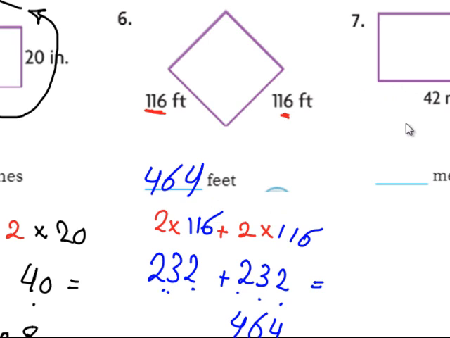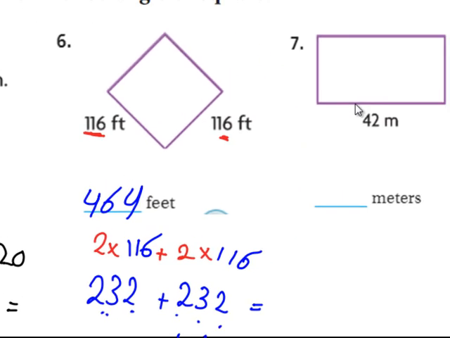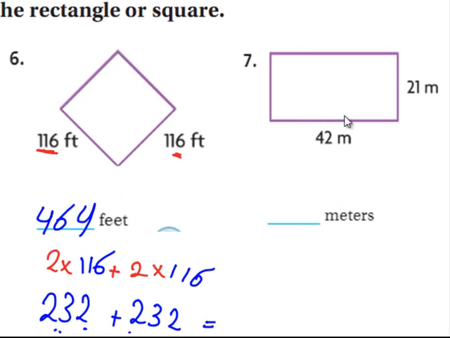Here number 7. Apply your formula. I want the perimeter of this rectangle, which has a length of 42 and a width of 21. So 2 multiply what plus 2 multiply what? Try to do it.